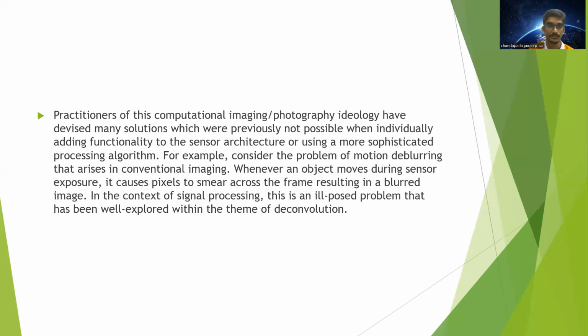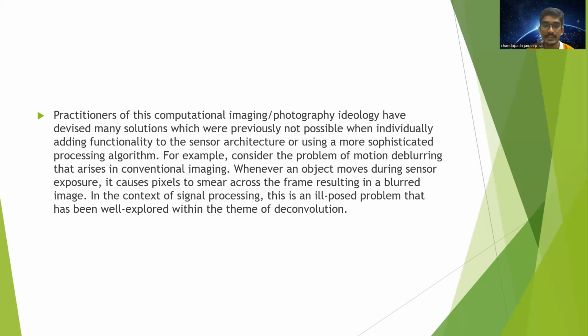Practitioners of this computational imaging photography ideology have devised many solutions which were previously not possible when individually adding functionalities to the sensor architecture or using a more sophisticated processing algorithm.